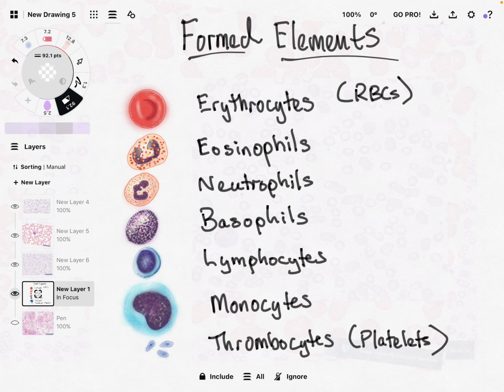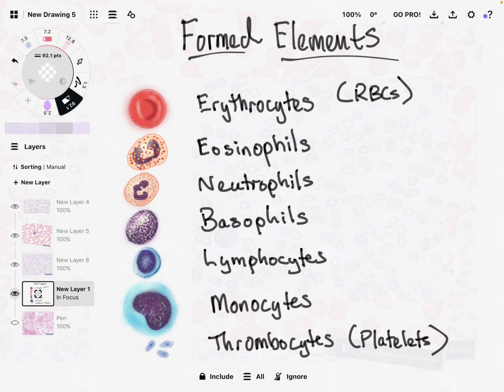I purposely drew it this way because very often, in my experience looking at different types of slides, most of what you're seeing in basophils are these very dark basophilic vesicles, these granules within the basophil. But I do have an image where we can actually see the nucleus as well. So it's not to say that this thing is devoid of a nucleus like a red blood cell. It does indeed have a nucleus. But very often the nucleus is masked by all the dark basophilic granules or vesicles that are being stained with the hematoxylin.